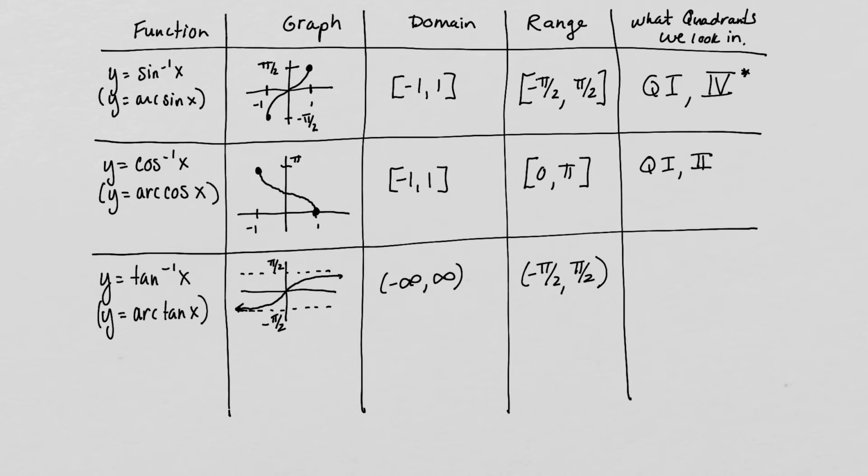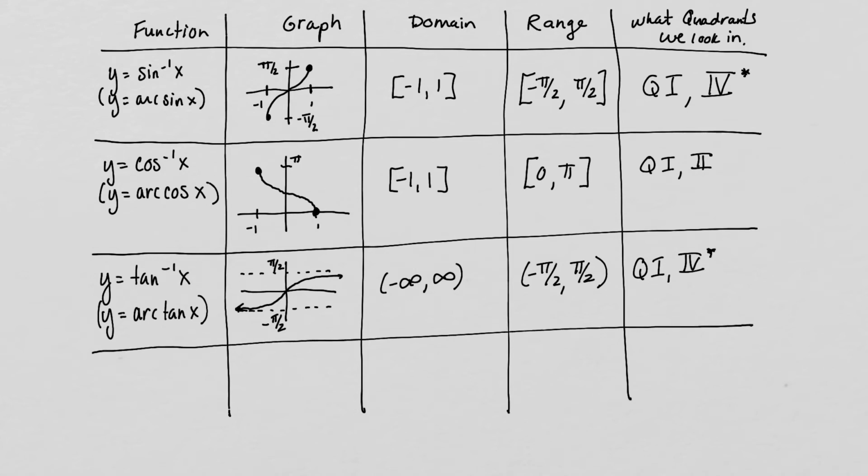And again, just like the inverse sine, this is coming from quadrants 1 and 4. When we're in quadrant 4, we have to put that asterisk. Questions so far?